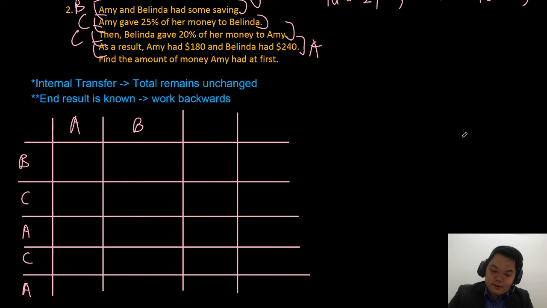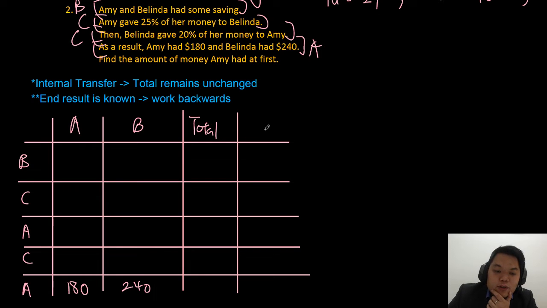Correct? And of course, there is also your total amount. Okay? Now, Amy has got $180, Belinda has got $240 at the end. Some of you got it ready. Give me a while.